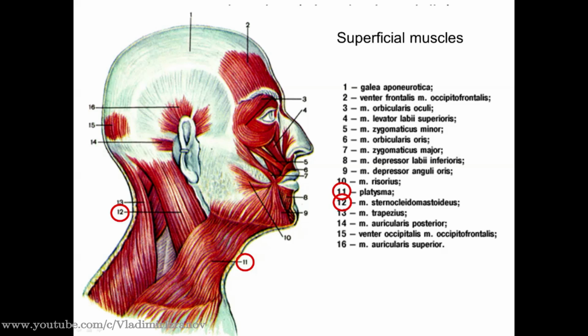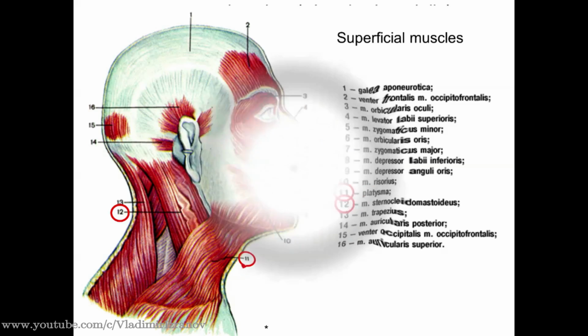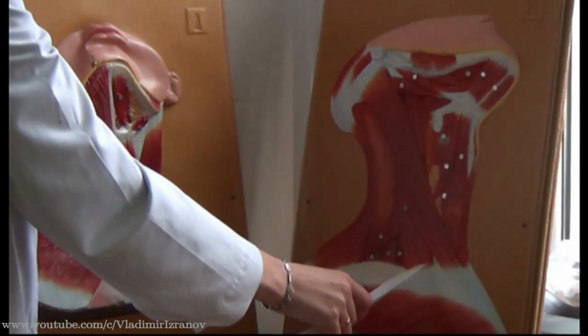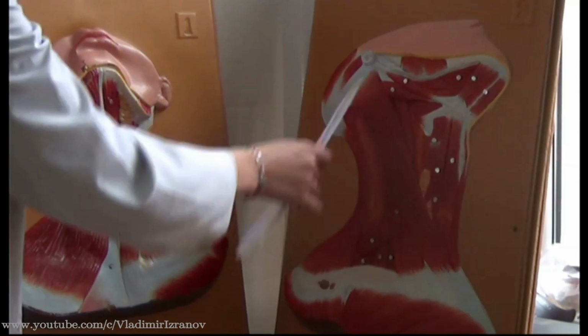Now, let us find it on our planchette. This is musculus platysma, and this is musculus sternocleidomastoideus.